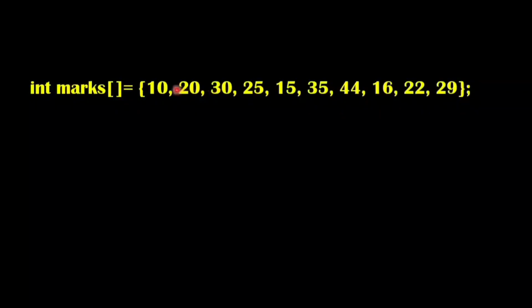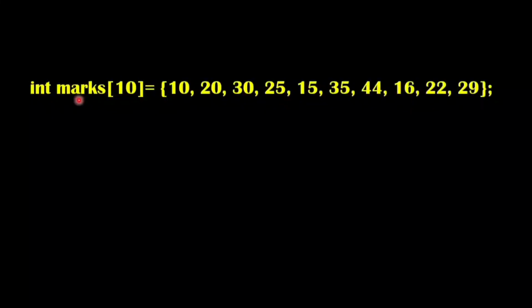Here we have 10 numbers, so the size will be 10. It will consider the size as 10. If you want, you can just write int marks[10] equal to all the values. This is true if you are giving 10 values.